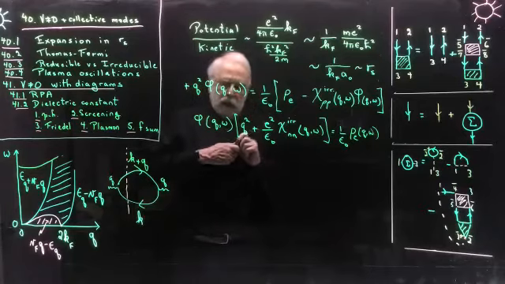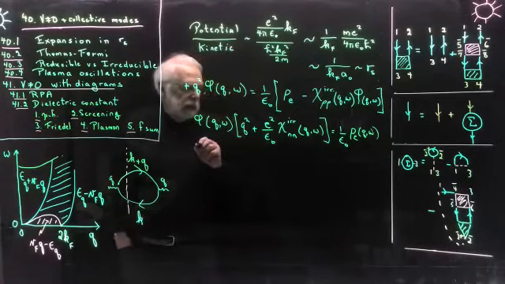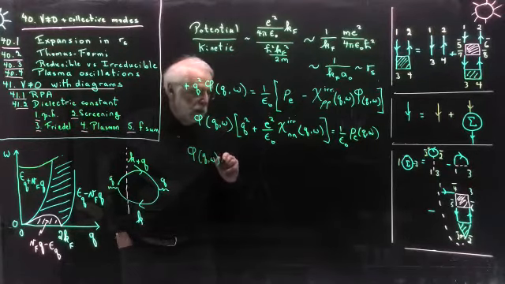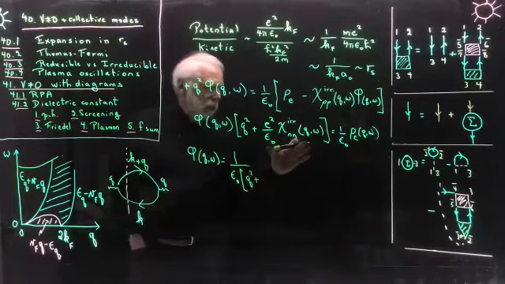So I can write this as phi of q and omega equal to 1 over epsilon 0 times q squared plus this combination.